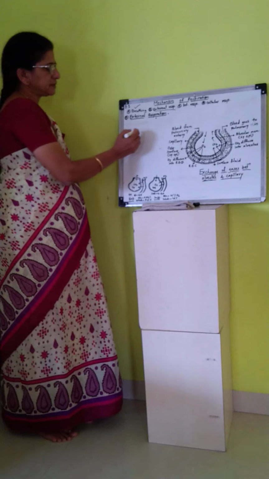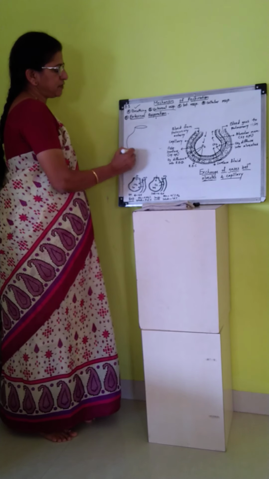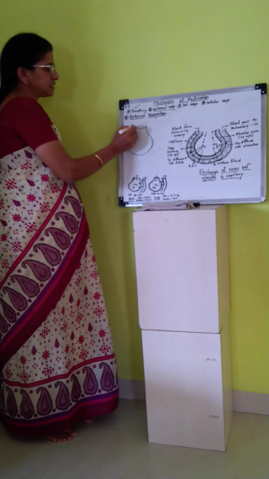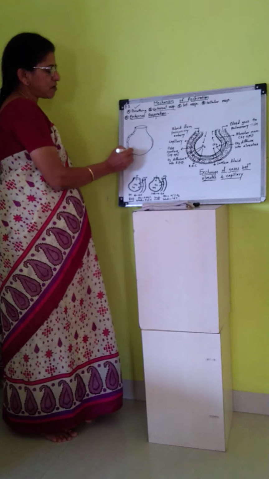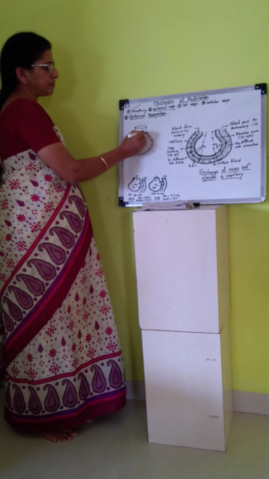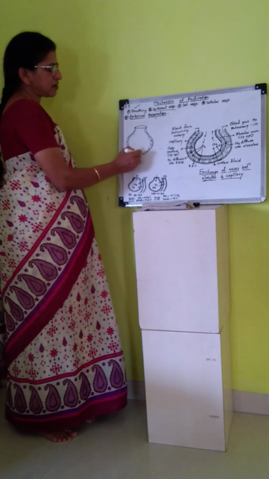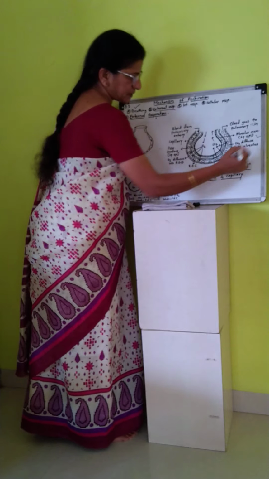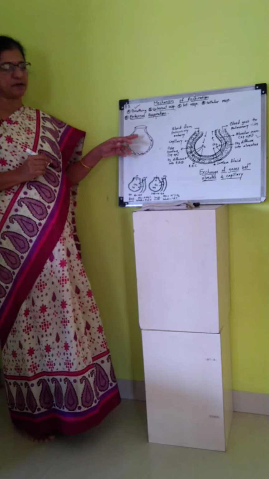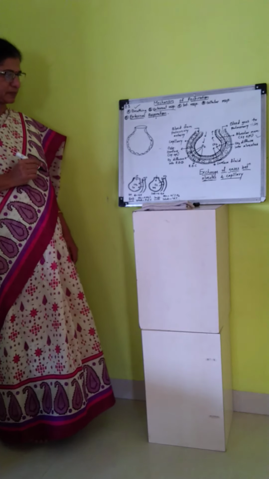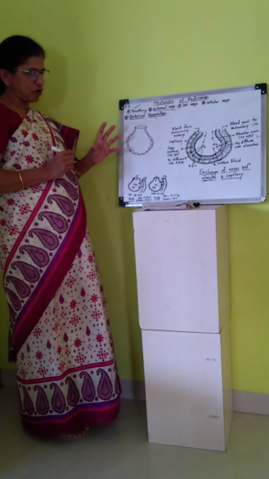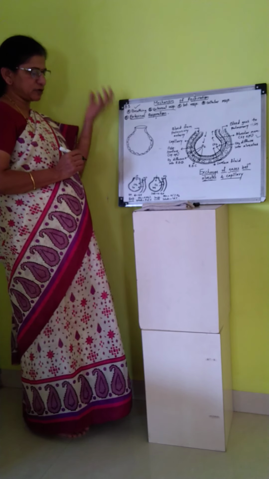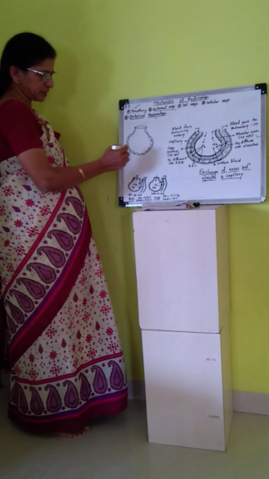Now alveolus, you know very well, this is alveolus. The alveolus is lined by a single layer of squamous epithelium, resting on basement membrane. Internally, it is hollow, and the air enters inside the alveolus and goes out of this alveolus.